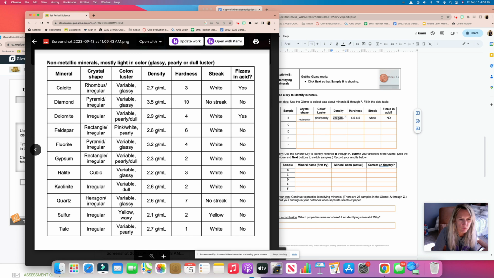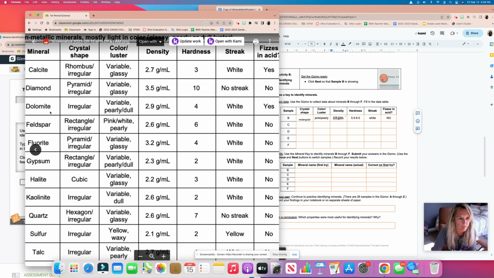Feldspar has a 2.6. Kyanite has a 2.6, and so does quartz, which we found on the sample A. All right, so of those three, let's look at the next property. Next, we need to look at the hardness. So we know that it has to be between a 5.5 and a 6.5.